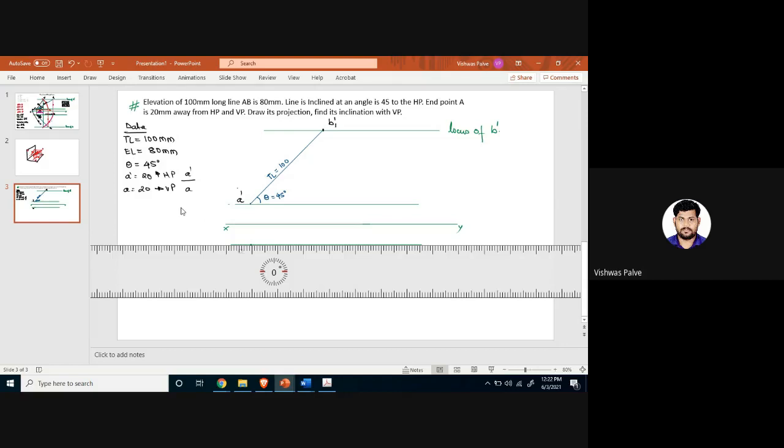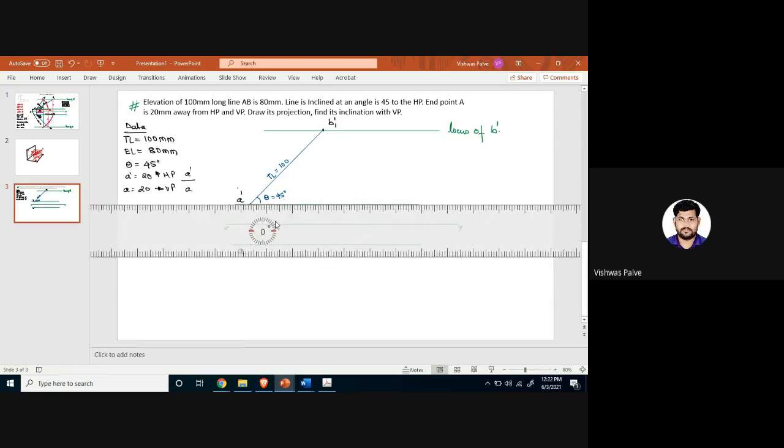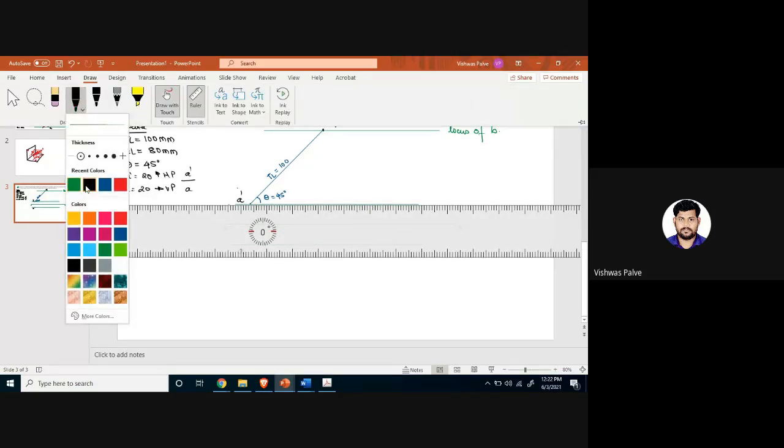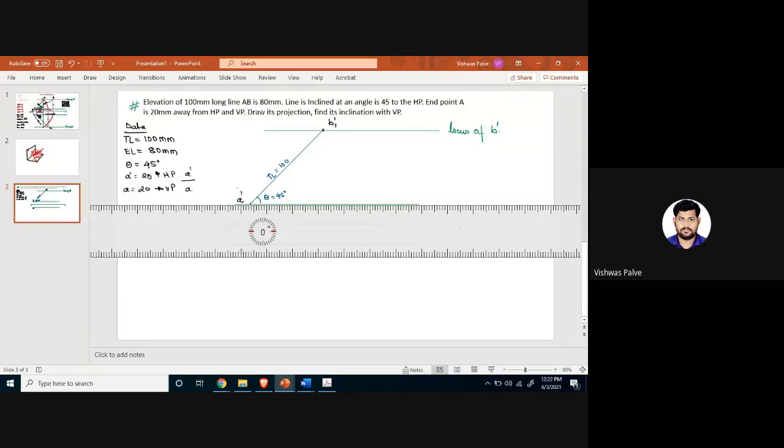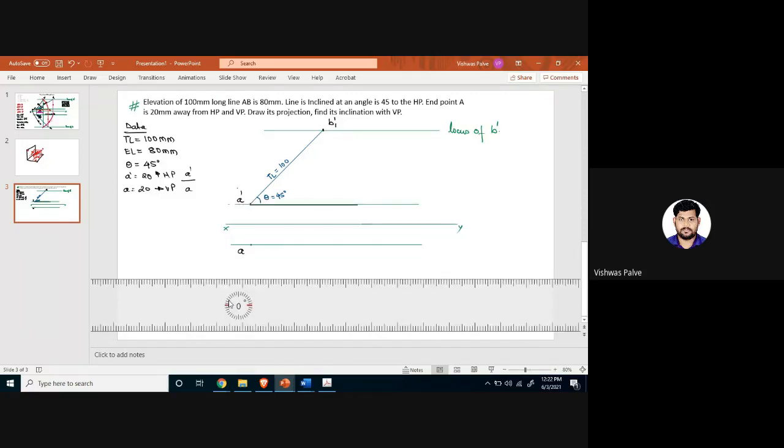Now, can I draw the elevation length? Where exactly should I draw it? On the A dash line, 80 millimeters, B2. I have to measure that 80 millimeters and mark that point. I'll draw a horizontal black line to highlight that this is the elevation length. What is the notation for elevation length?